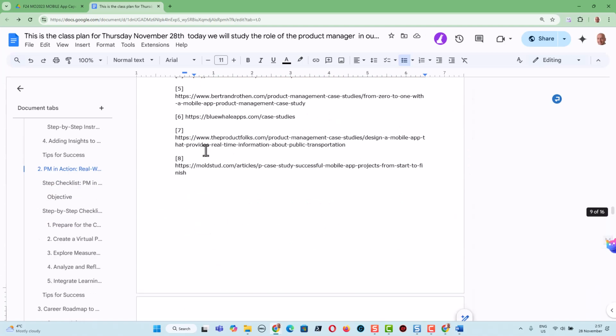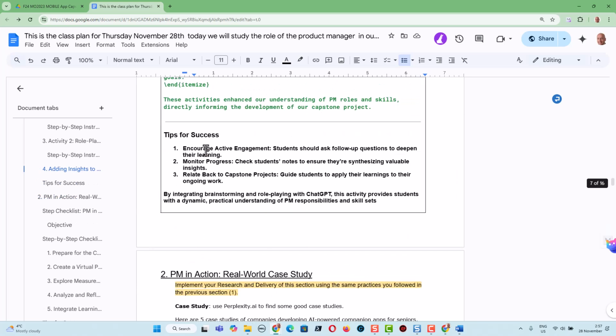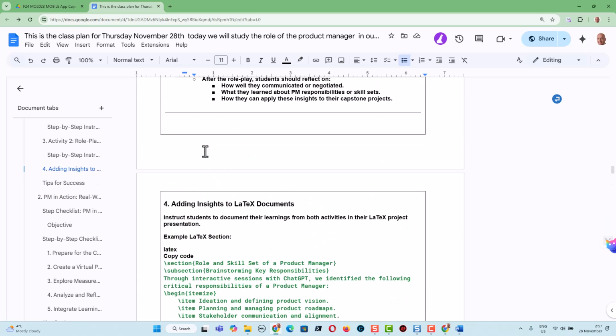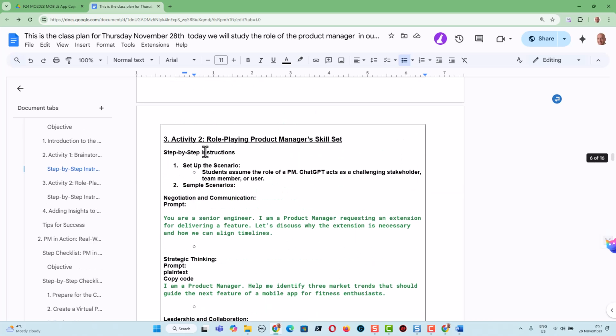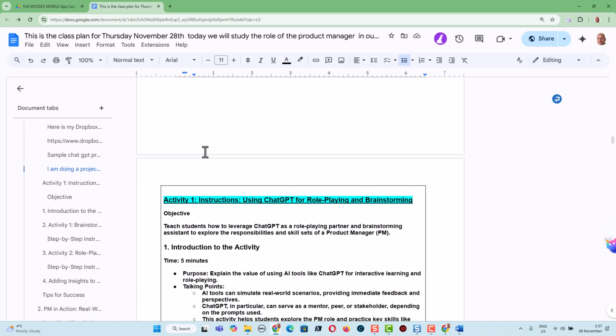Yeah, so for the first two sections of this, go and research, read, and answer, and I'm even giving you some examples of the kind of LaTeX you can put in there.